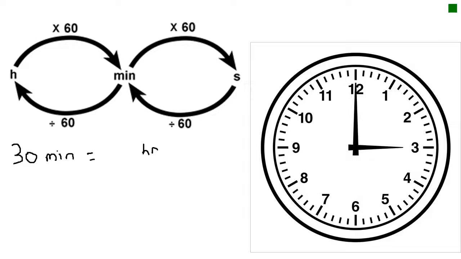But in order for it to get from this spot right back, it's got to pass through much smaller denominations, right? And each one of those denominations signifies a minute.